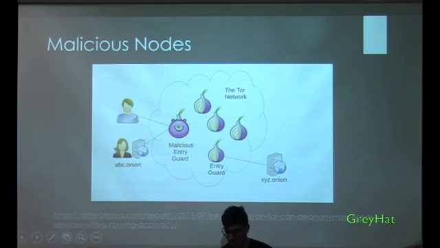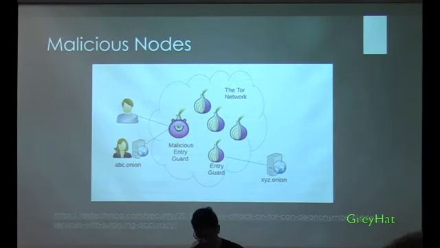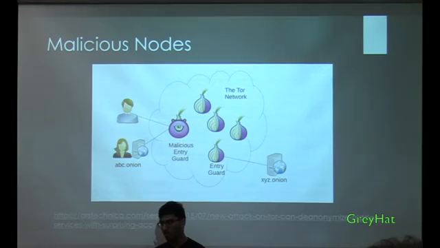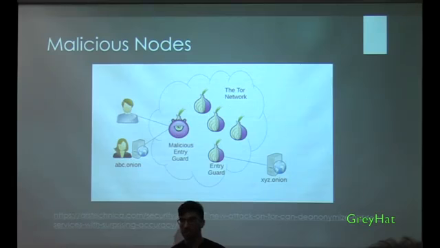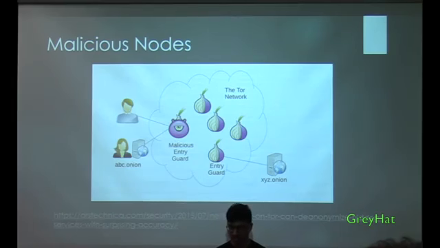Some other attacks have been coming out in the past 2-3 years. There was a pretty interesting article on Ars Technica about this that you can also check out later. There was some research done at MIT where they tried to own a lot of the entry guard nodes, or the nodes you choose to go into the network through.